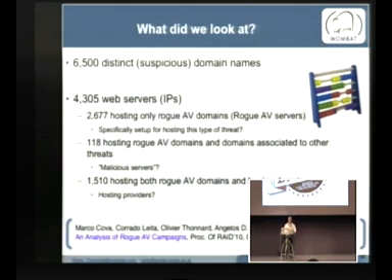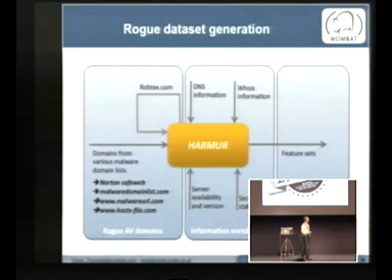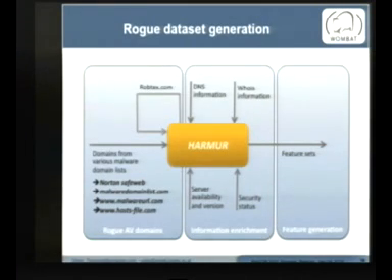Some of those IPs were clearly hosting only rogue AV software, whereas only 110 were hosting both rogue AV and normal domains, or some other threats. And finally, what is really interesting is that you also have roughly 1,500 domains that were hosting both rogue AV software but also normal websites. So it is not easy to figure out which rogue AV domains might be due to the same group of people.